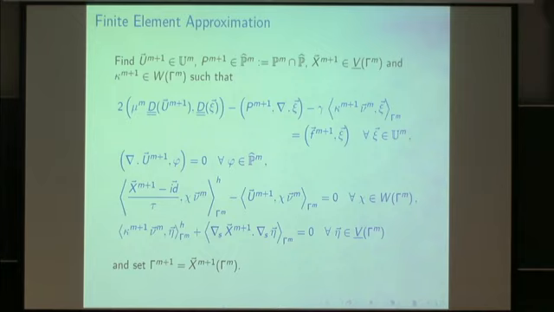So, several comments. This is a linear scheme. We've got a linear system of equations, and it's a coupled scheme. These two equations up here are basically your equations in the bulk, but you get a forcing coming from the surface tension term involving curvature.